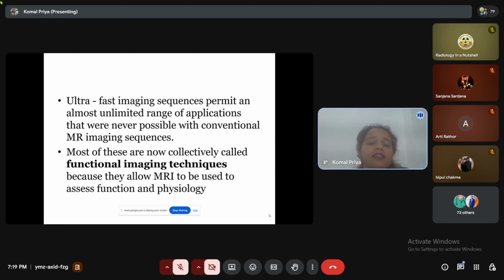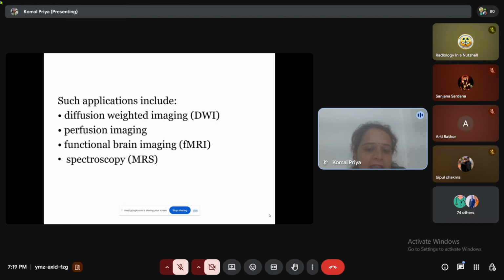Why? Because they allow you to assess the function and the physiology of the brain. That is why I said that it shows us life in action. The applications I'll be covering in today's session will be DWI, perfusion, and spectroscopy, along with some parts of BOLD sequence.